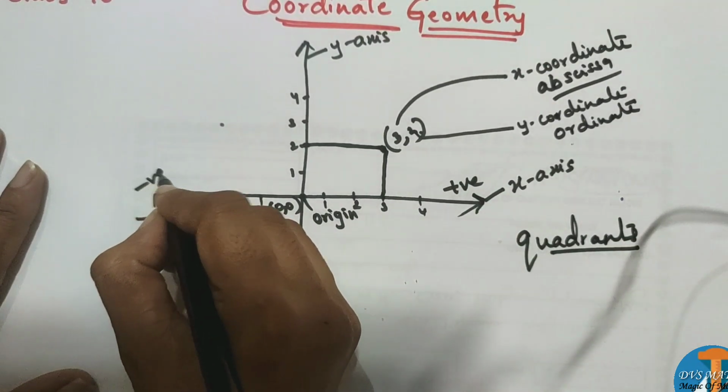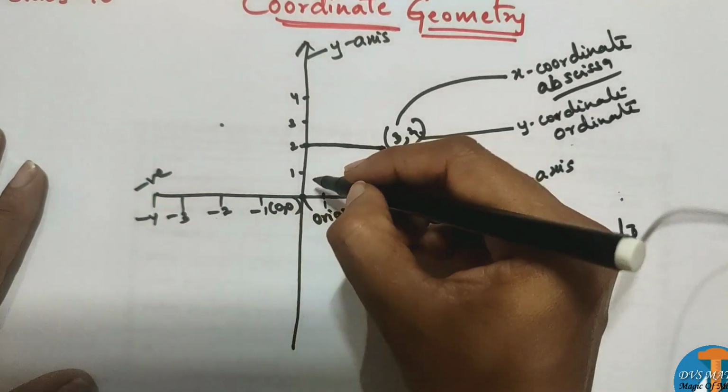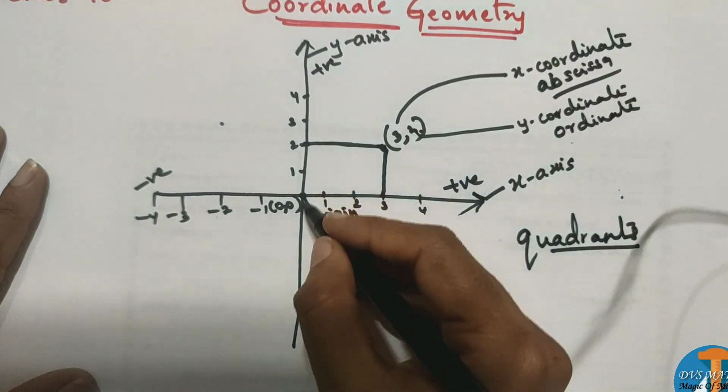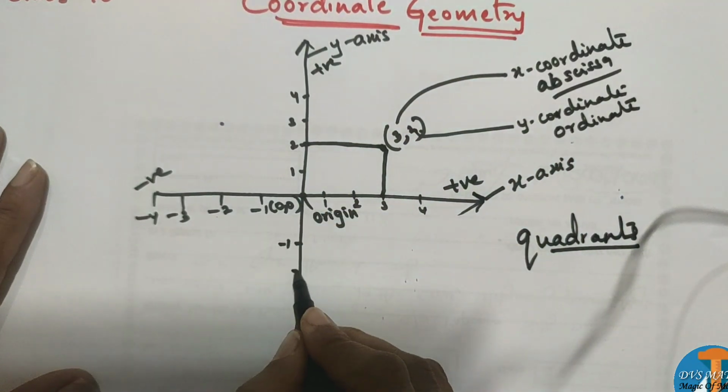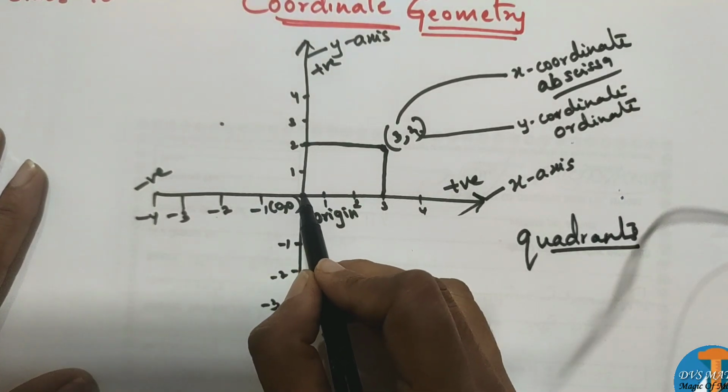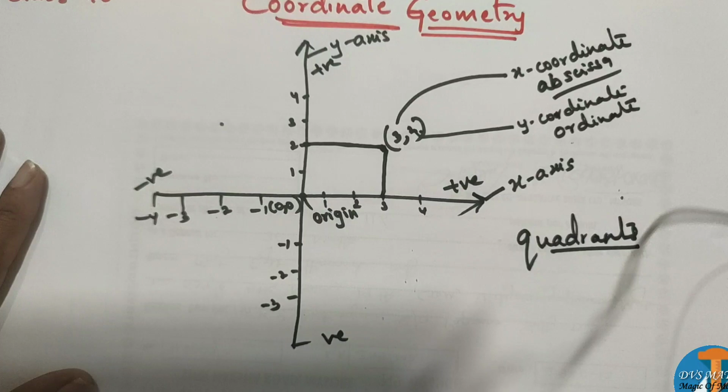Above is the positive y-axis. If you come below, it is -1, -2, -3 like that. That is the negative y-axis. In between, they both meet at one point, called the origin.